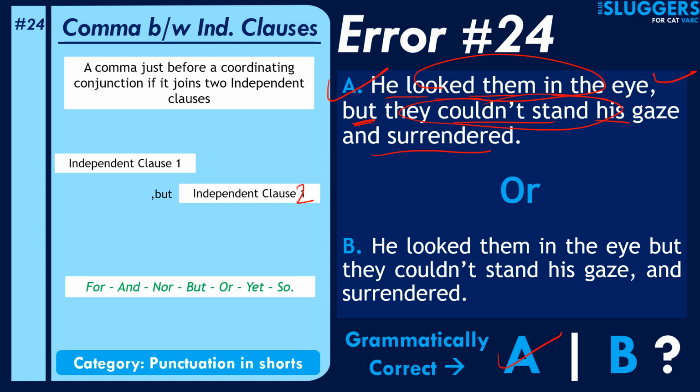Now let's look at the second sentence. It says, "He looked them in the eye but they couldn't stand his gaze." You have the first independent clause, and again the second independent clause, but in this case you don't have the comma before the coordinating conjunction. Rather, you have the comma here. This would have made sense if the part after this coordinating conjunction had been an independent clause by itself.